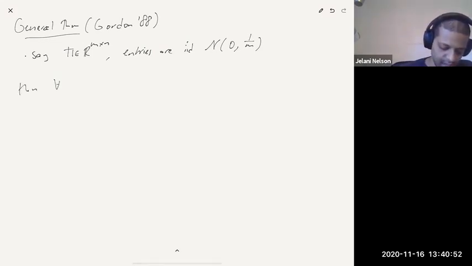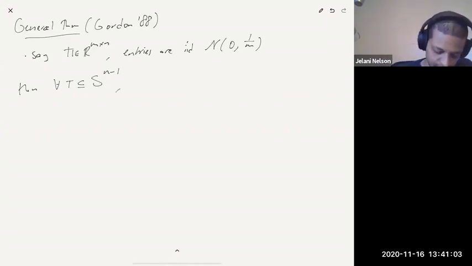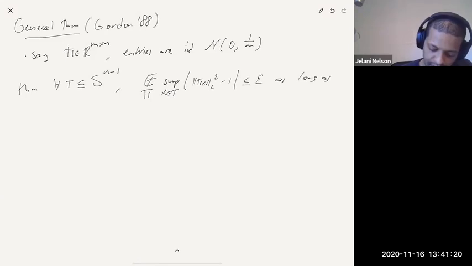Then for all T a subset of the sphere, so everything in T has unit norm, this will be true: in expectation over pi, the sup over x in T of the absolute value of norm of pi x squared minus 1 is at most epsilon, as long as the number of rows of pi is at least some constant times the Gaussian mean width of T squared over epsilon squared.